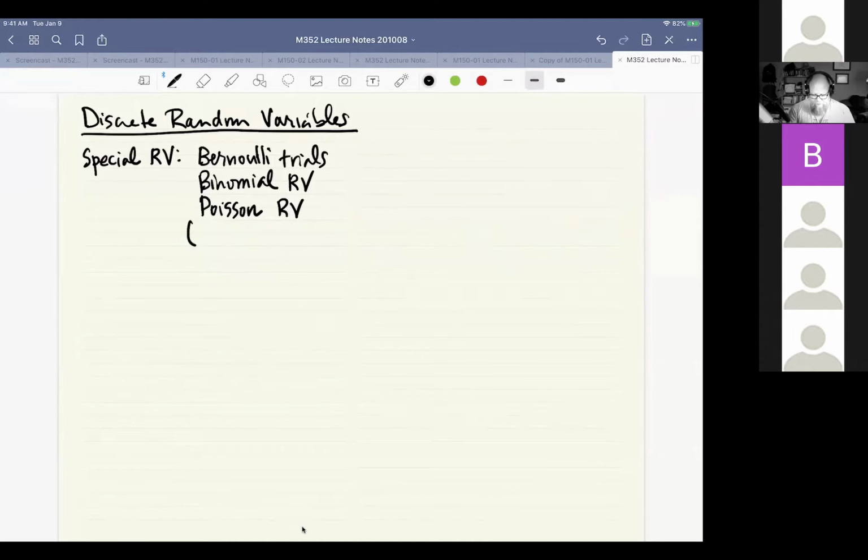There's a couple others that I might mention, like the negative binomial distribution and the geometric distribution. They're out there. They're not going to be so important to us, I don't think, but I want to make sure that I talk about these. And then next time I'll talk about continuous random variables that are important to us, like the normal distribution, the exponential distribution, and there might be one more.